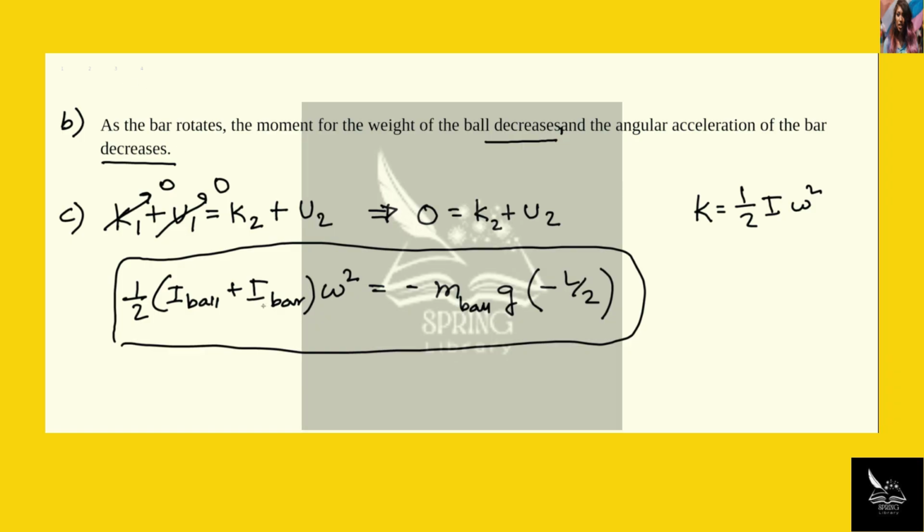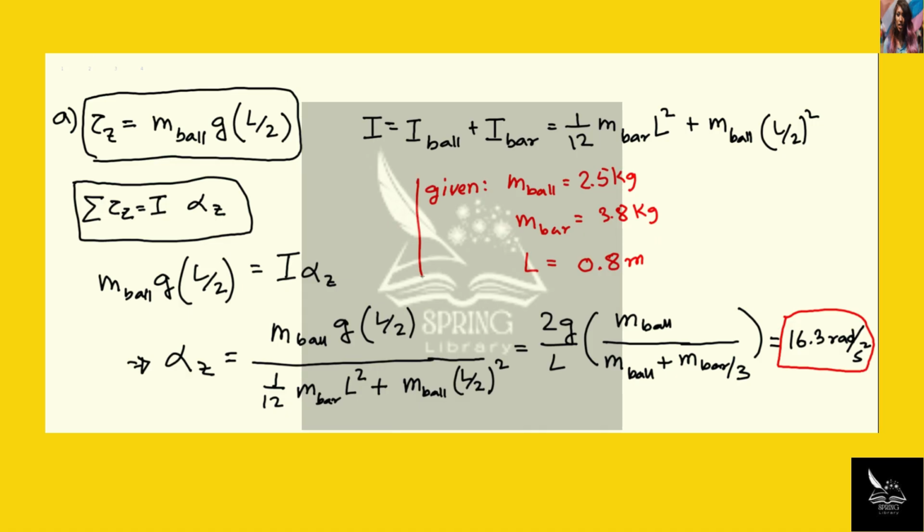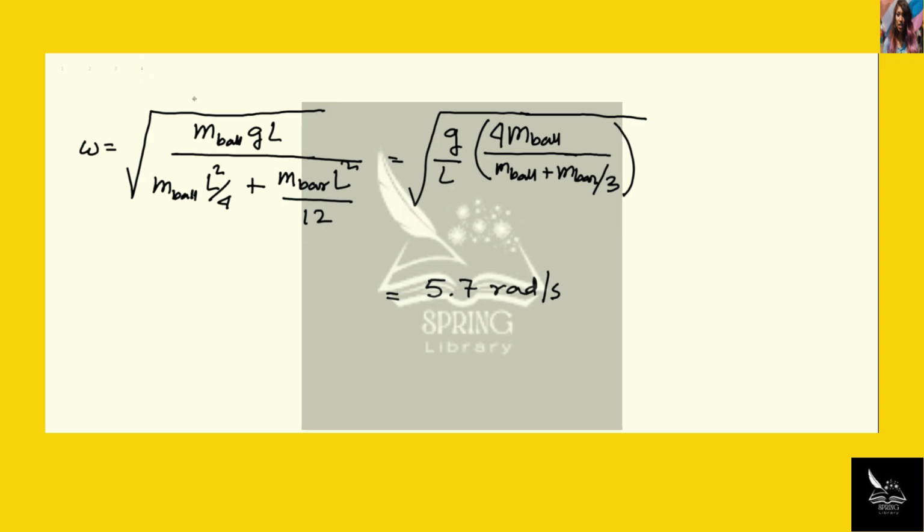If we solve this equation in terms of omega, we get this expression, and we simplify that. Then we already know these terms, and these are the values that we'll be using. So if we plug those numbers in, we see that omega is 5.7 radians per second.